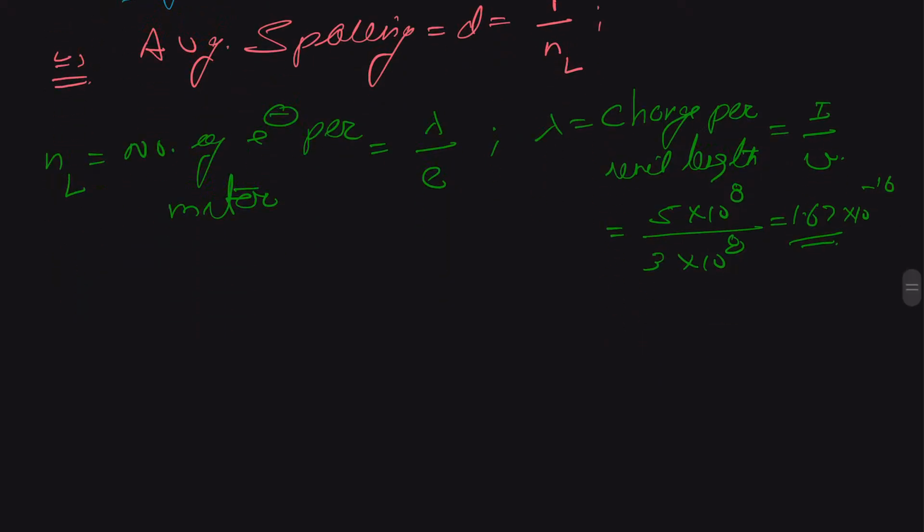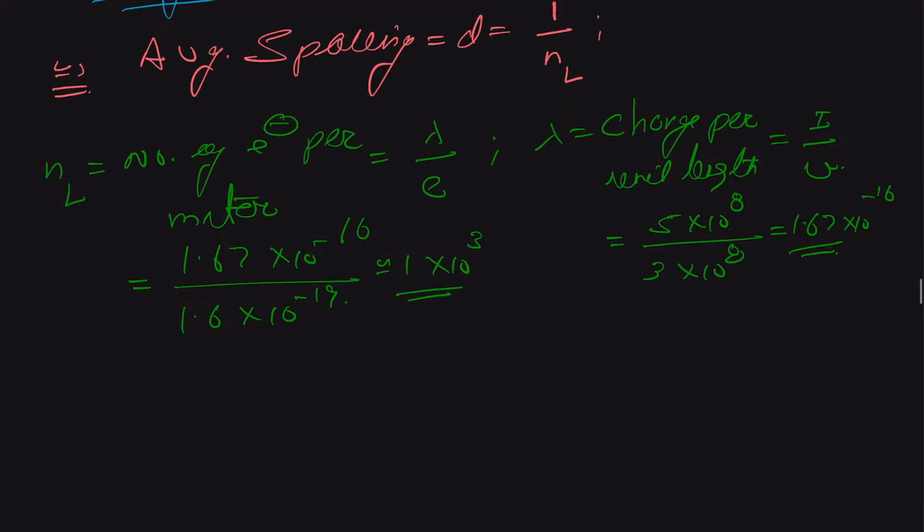From here we can find the number of electrons per meter: 1.67 into 10 to the power minus 16 divided by the charge, 1.6 into 10 to the power minus 19. This is approximately equal to 1 into 10 to the power 3.